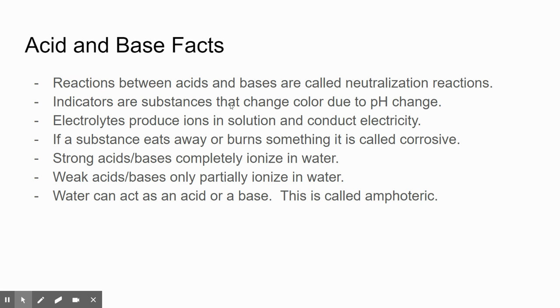Indicators are substances that change color due to pH change. Acids and bases are always electrolytes, and electrolytes, if you recall, are salts that produce ions in solution and conduct electricity. So acidic and basic solutions will conduct electricity.